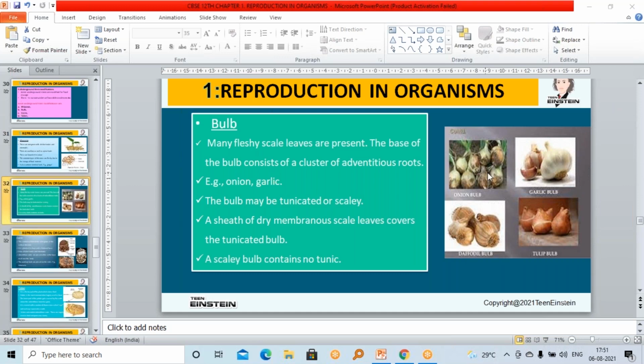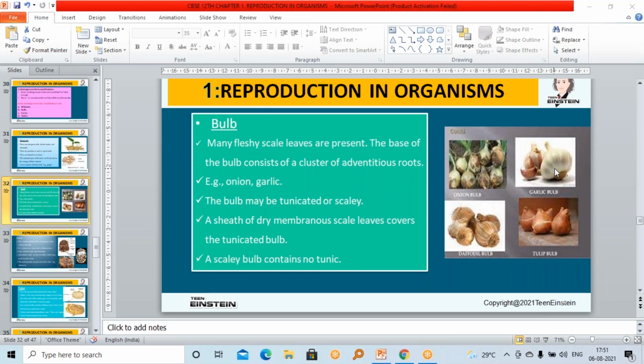And these bulbs may be tunicated or scaly. What is tunicated? A tunicated bulb is covered by a sheath of dry membranous scale leaf. Those scale leaves are called tunic.